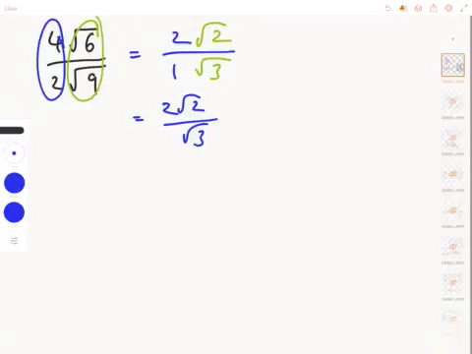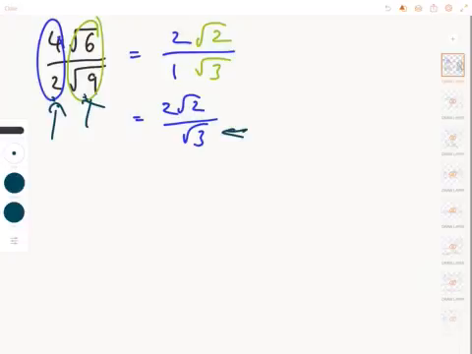In a few lessons' time, we're not going to accept having a square root on your denominator, so just be aware of that. That will kick in a bit, but for now we're good with that. Constants first, third part second, all good. So we divide the constants out the front by 2, we divide these by 3s, and life was pretty good.